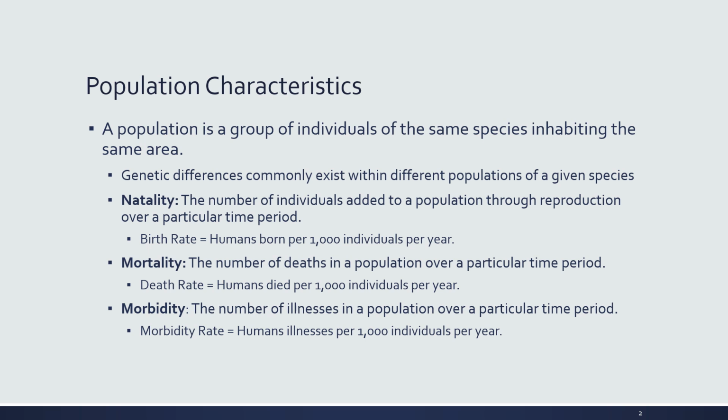So the morbidity rate is also done in number of illnesses per 1,000. And why do we do it per 1,000? We've mentioned early in the class that if you just say, well, 500 deer died, you got to know of what size population did those 500 deer die. Was it in a population of 1,000 or a population of 10,000? So we could use this number to come up with a percentage over time using the appropriate mathematical conversions.